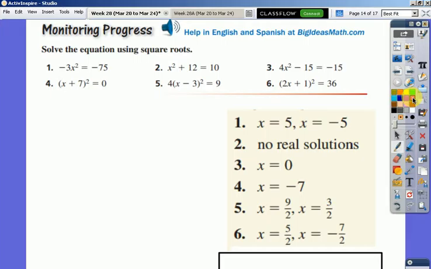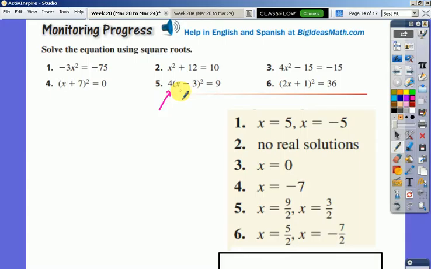What do I do first? Okay, so that's the tricky part, right? Do I distribute first? Do I square both sides first? Well, if you see a constant in front of the parentheses here, you want to get rid of that constant first.